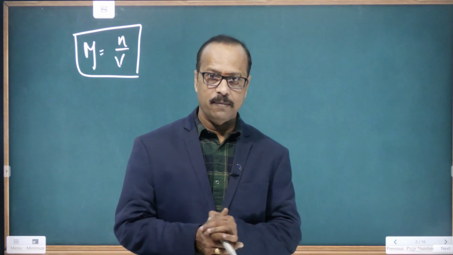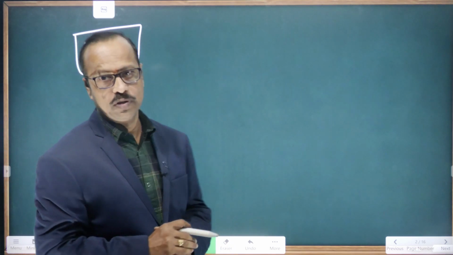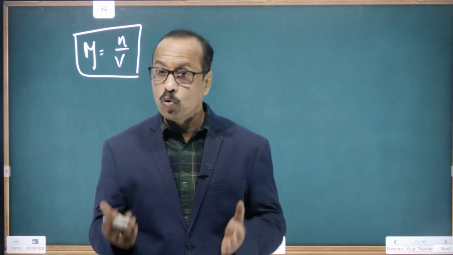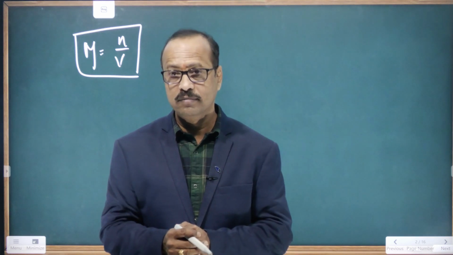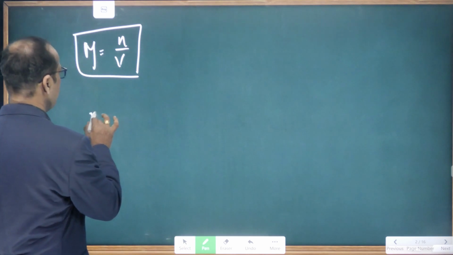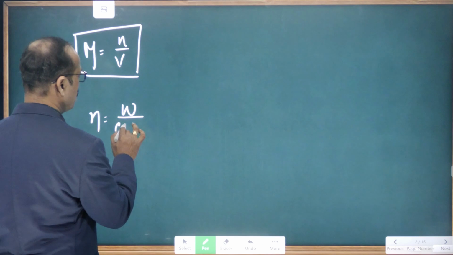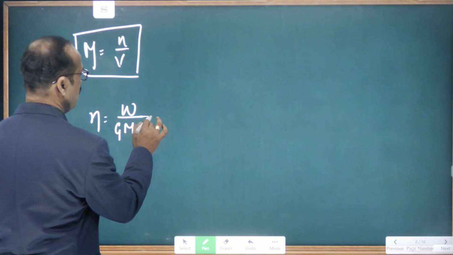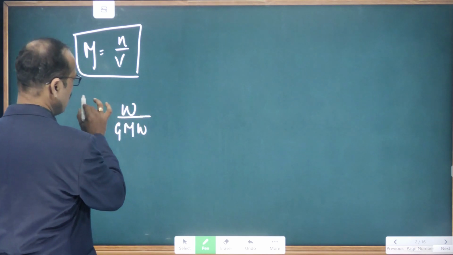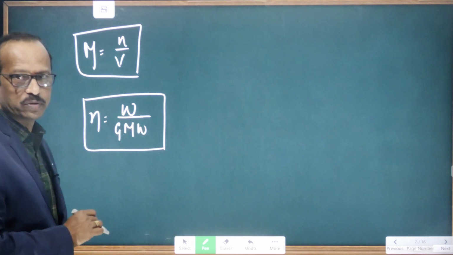I can see here n, which means number of moles. And how can you calculate the number of moles? This also we already discussed. The number of moles n is equal to weight of the solute by gram molecular weight of the solute. So remember that.